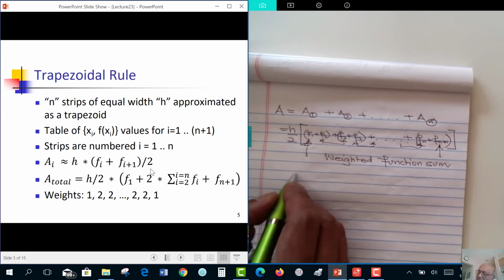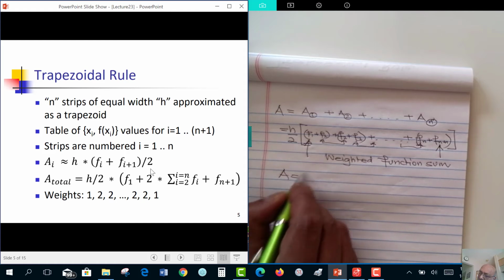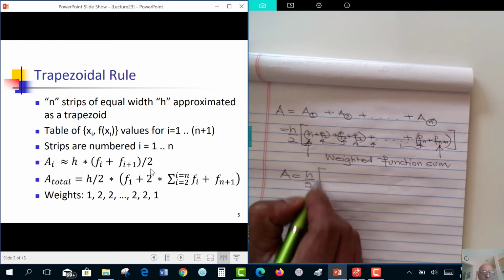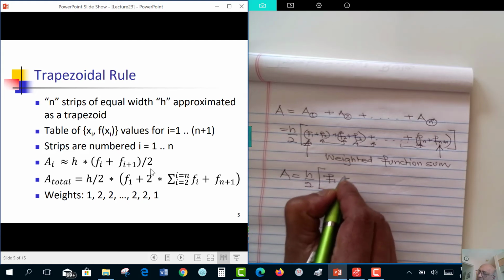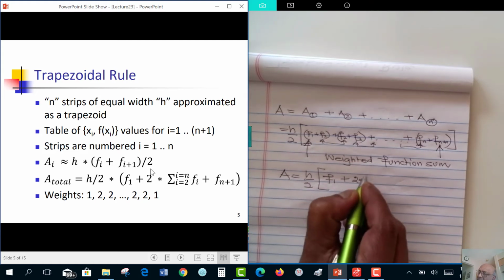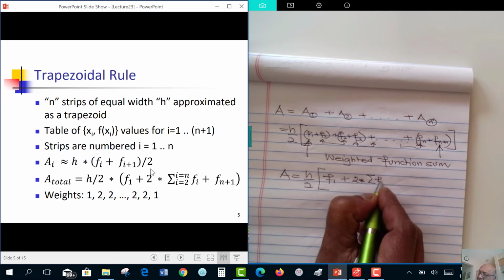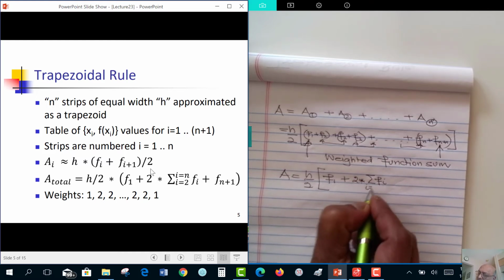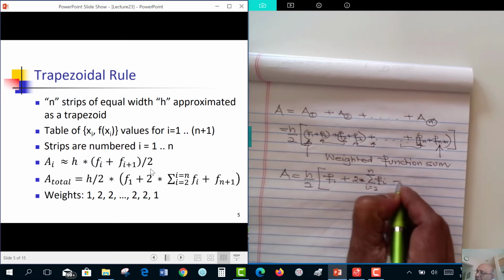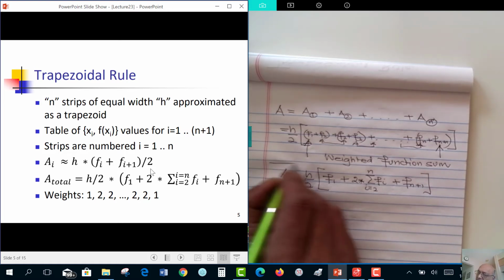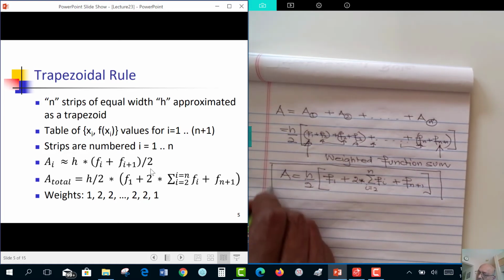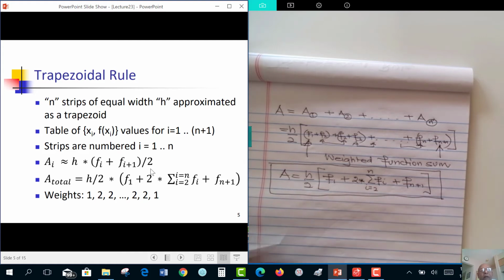So our total area is therefore h by 2 times [f1 plus 2 times the sum of all function values from 2 through n, and then the last function value f(n+1)].